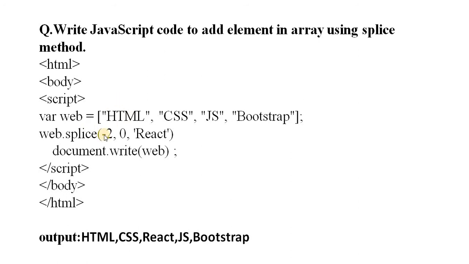After JS, it adds React to the array. And here we print the array, that is document.write(web), and after that close the script tag, body tag and HTML tag. The output of this program is HTML, CSS, React, JS and Bootstrap.